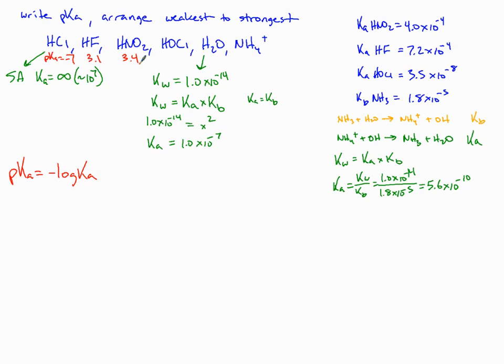Hypochlorous acid, the Ka is 3.5 times 10 to the negative 8th. The pKa is 7.5. H2O, the pKa of this is 7. And NH4 plus, the negative log of 5.6 times 10 to the minus 10th, comes out to be 9.3.